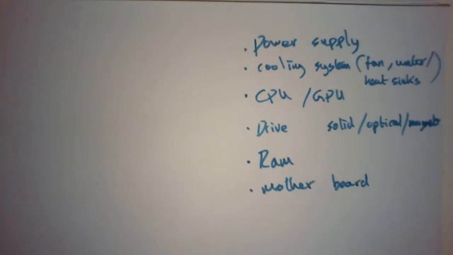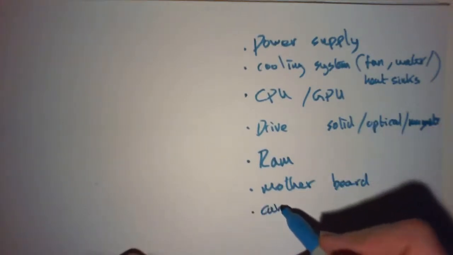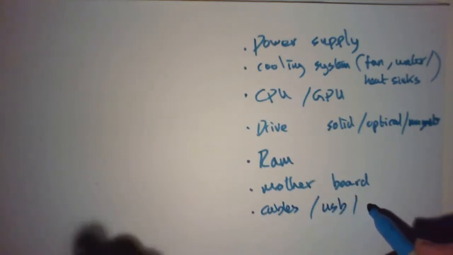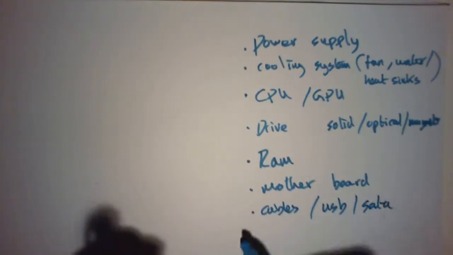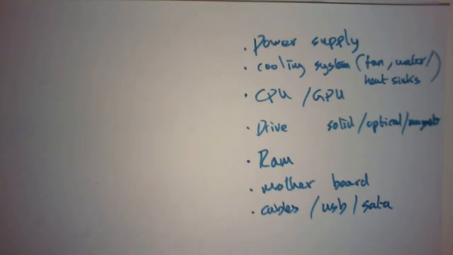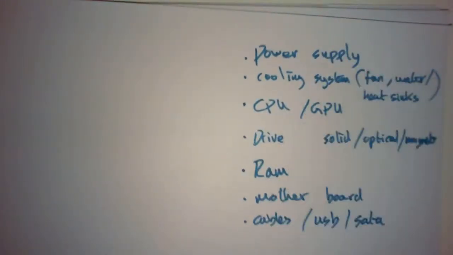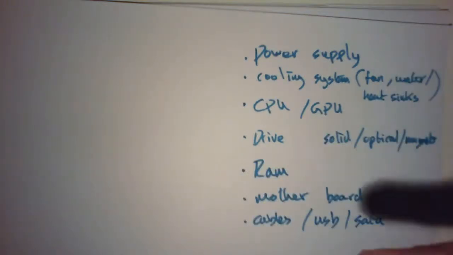Okay, all these things, as well as all that, there's going to be loads of cables, both USB, SATA cables, loads of cables in there to connect all the systems. And a lot of these, when we're talking about a PC setup, are going to be plug and play, or simple clicky in, clicky out. They're meant to be modular. They're meant to be easy to take apart, put new bits in.